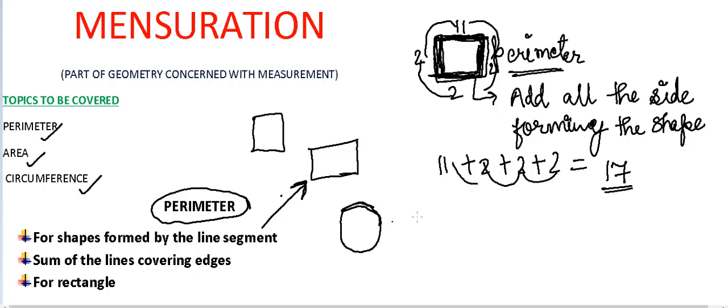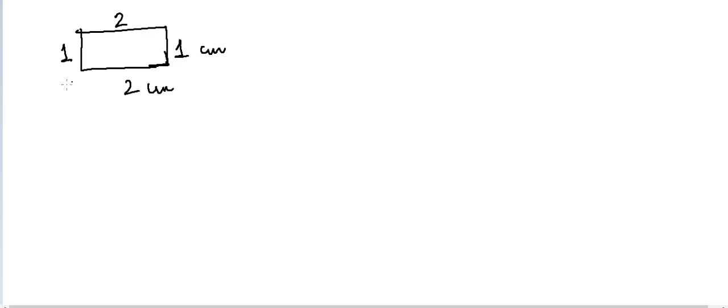Now let us calculate the perimeter for the regular shapes, that is, for a rectangle. Let us take an example of a rectangle. Let the sides be 2, 2, 1 and 1 centimeter.